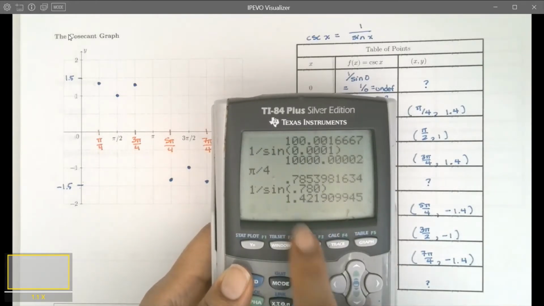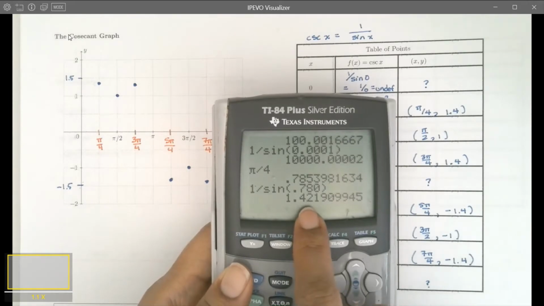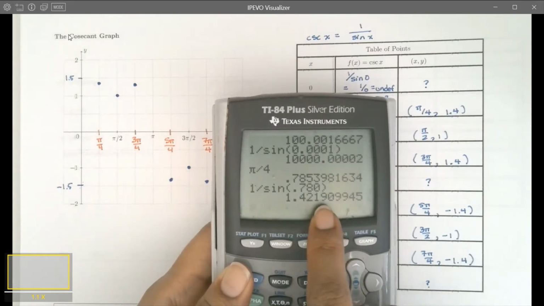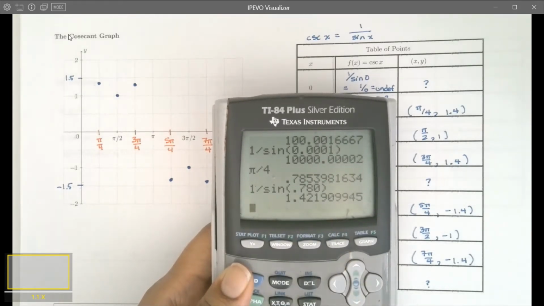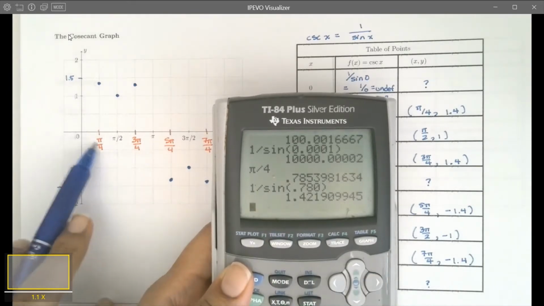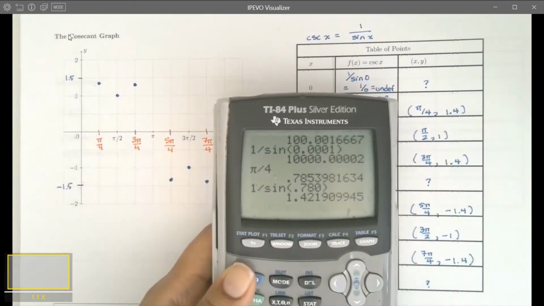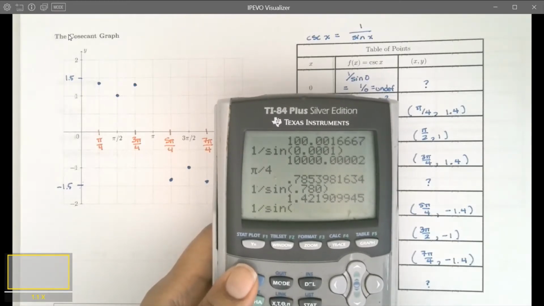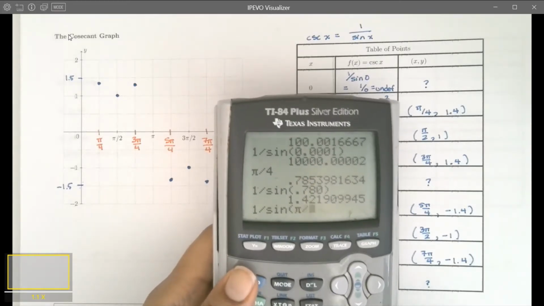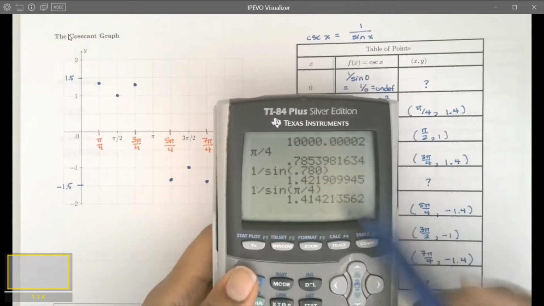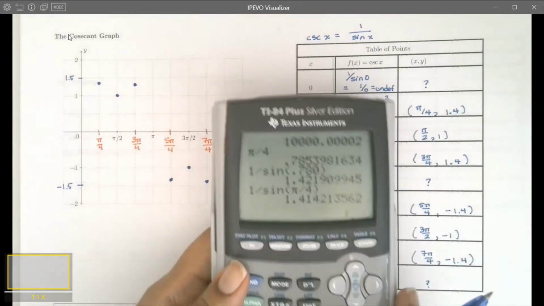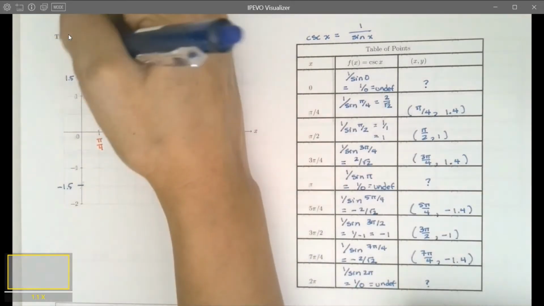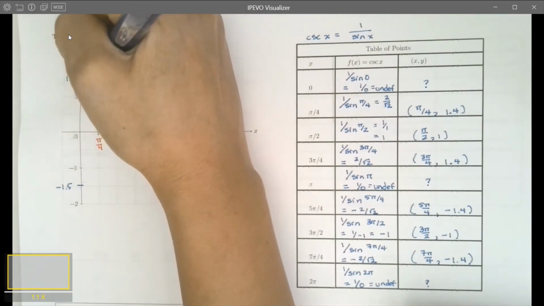I get 1.421, which is a little greater than what we had at 1 over sine of pi over 4.